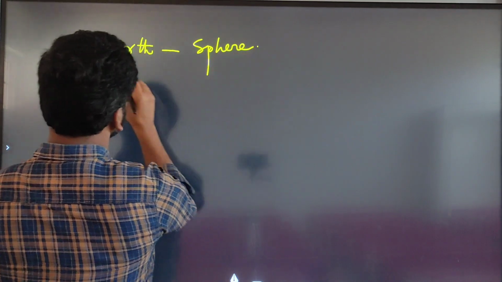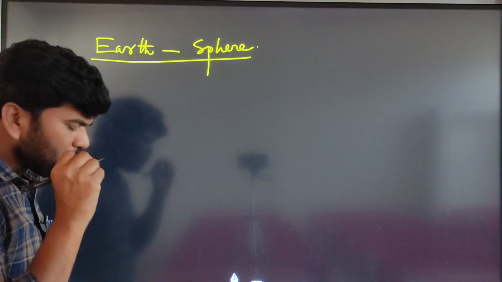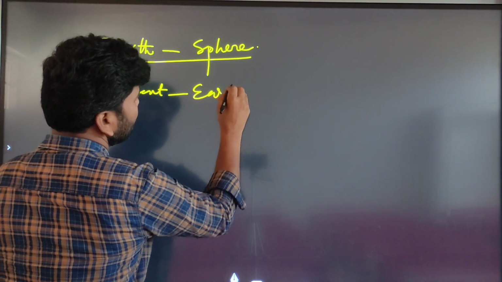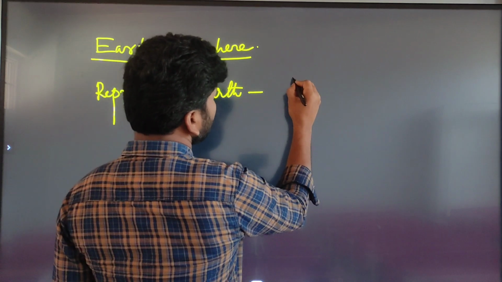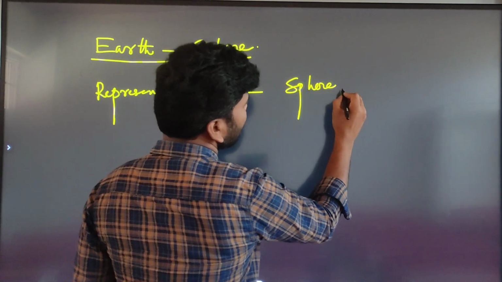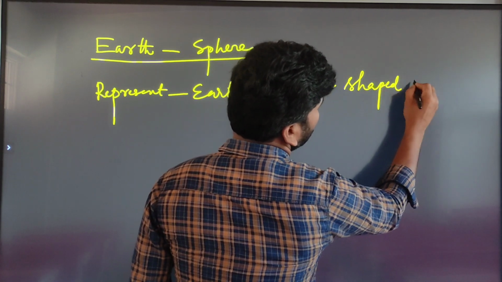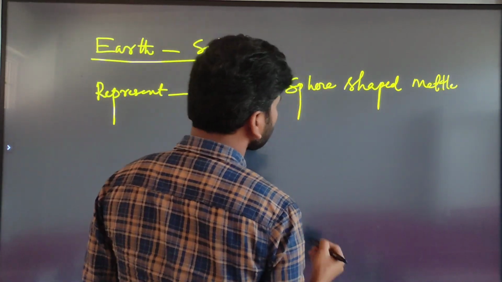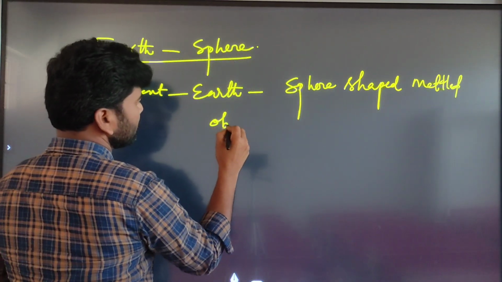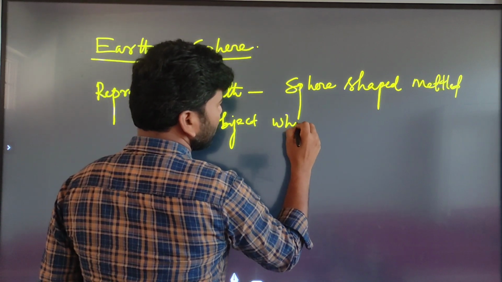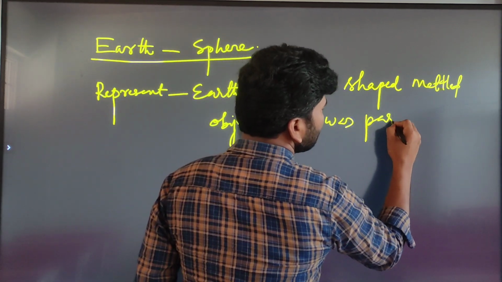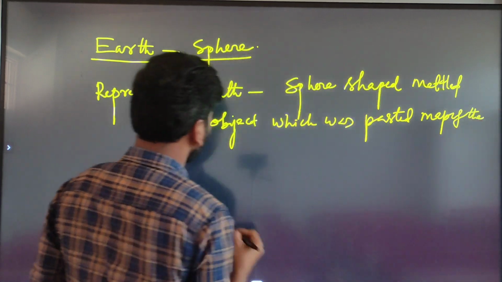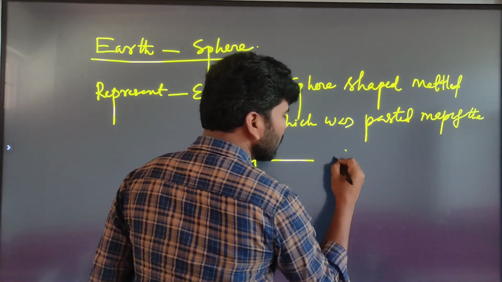Basically, to represent the earth, we use a sphere-shaped metal object on which the map of the world is pasted, and that is called a globe.